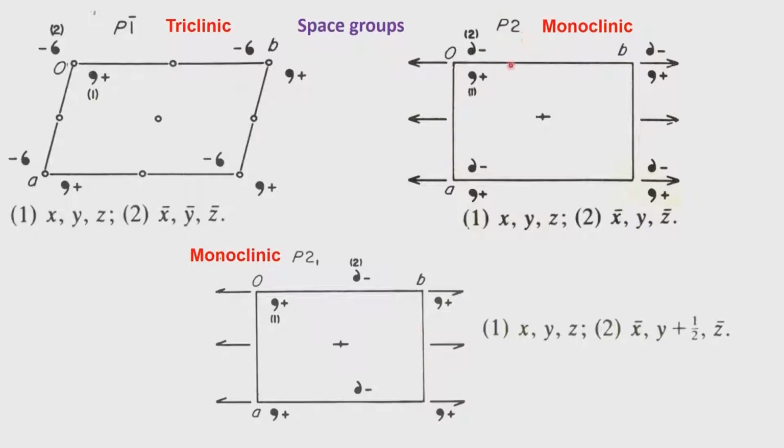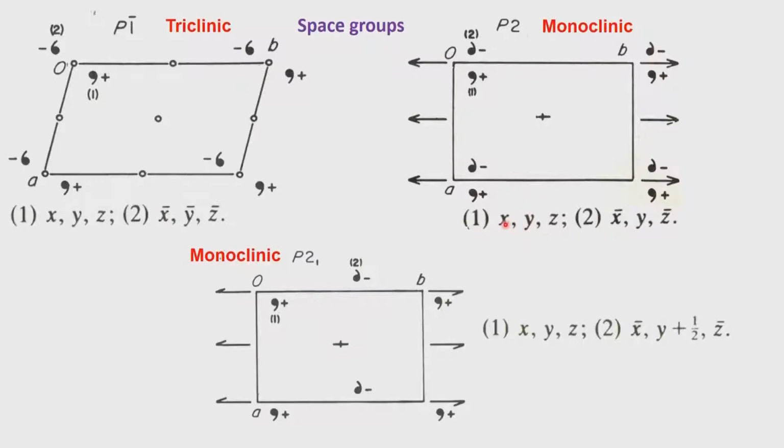Here, if you have an object xyz sitting at point 1, it undergoes a two-fold rotation. It goes from xyz to x bar y z bar. The location of the two-fold could be anywhere along the b direction, so the value of y is arbitrary.